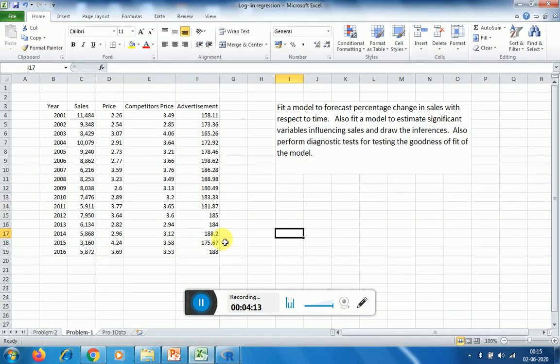Now let us come to the example. In this Excel sheet, you can find various values.